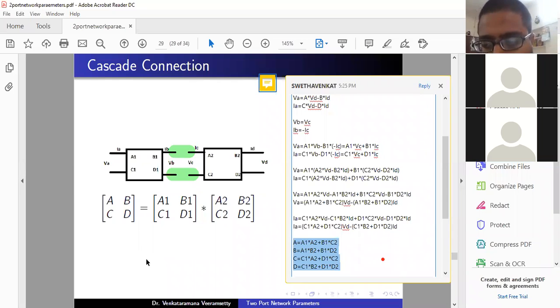All three two-port networks are cascadely connected. Now I want to calculate the Z parameters of the final two-port network after cascading. Anyone can give your view on how you are going to solve this problem. Anyone can respond within 1 minute.